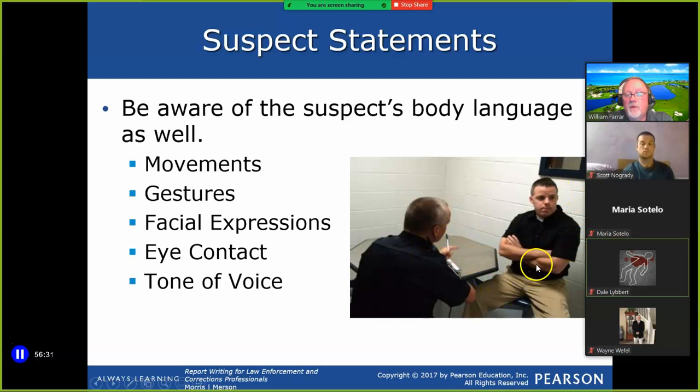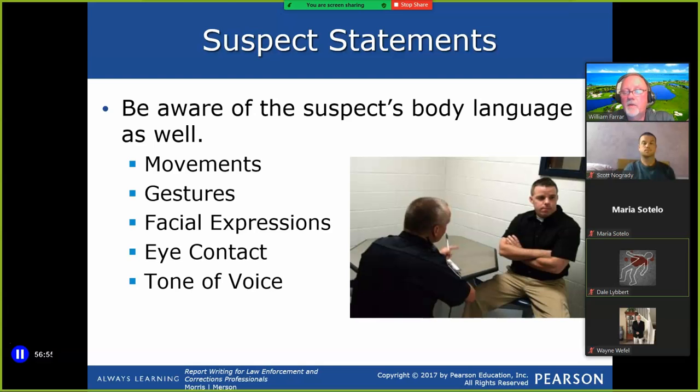This officer's trying to talk, and this guy is kind of putting up the wall. But if you can see that their eyes are getting a little bit red and a little bit watery, that might be a sign that maybe you're getting closer to having this person talk to you, or you're on the right track based on a couple of questions that you asked, because they're starting to feel sad, etc. So facial expressions are really big.